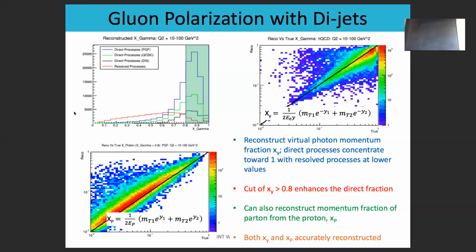Absolutely. And again, like I said before, we really are looking at the tails. This is like 20 million events or something that I generated in total, and we're talking about less than 1% from the resolved process. But because you're looking at a Dijet, it's an extremely biased sample.